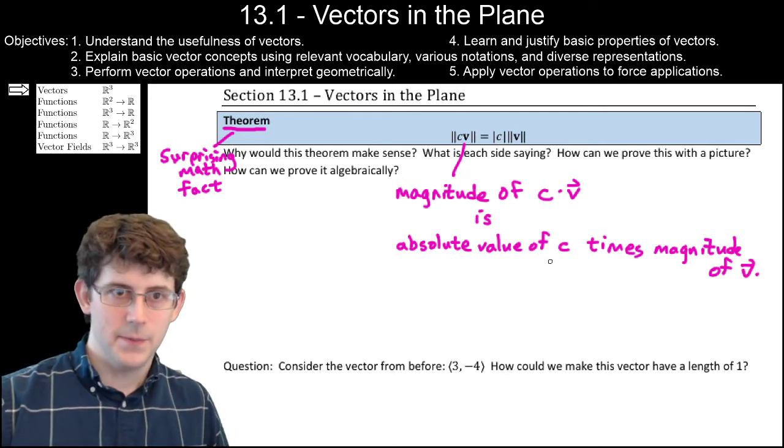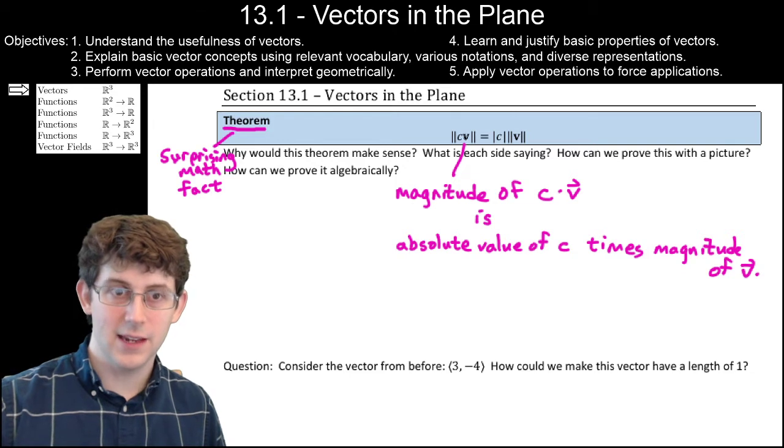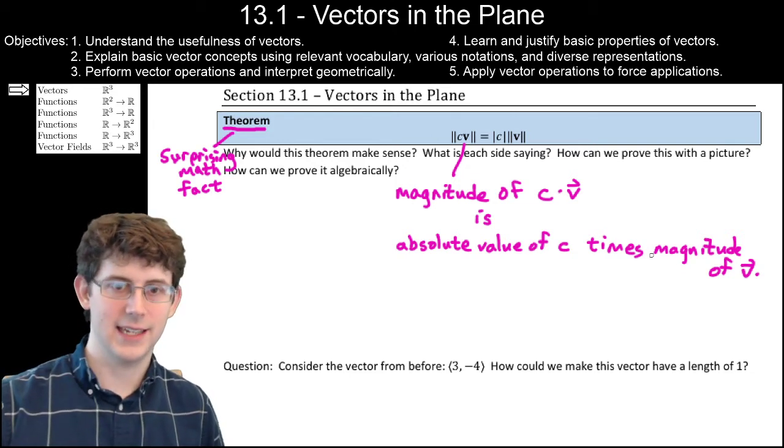What does this tell you? It tells you that if you scale a vector, that scales its magnitude.